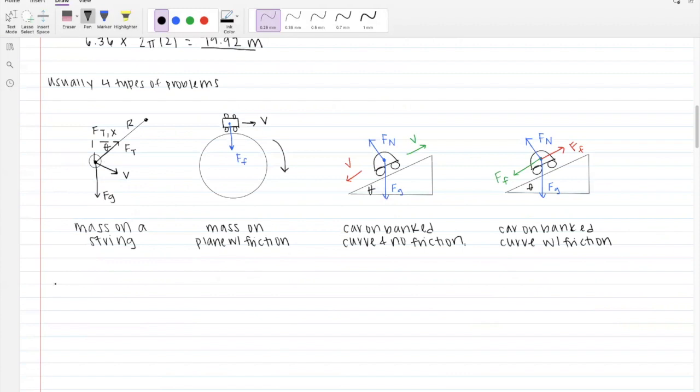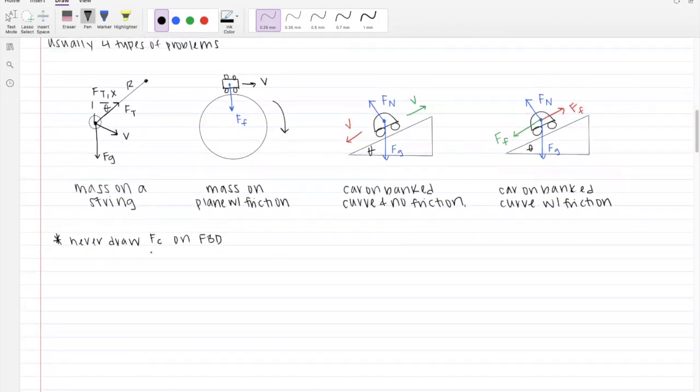One thing I want to make very clear before we start these FBDs is to never draw centripetal force on your FBD. Centripetal force is a summation of all your forces, or your unbalanced forces. Usually those unbalanced forces are from the tension in your string, the normal force from your surface, or the friction force from your surface.